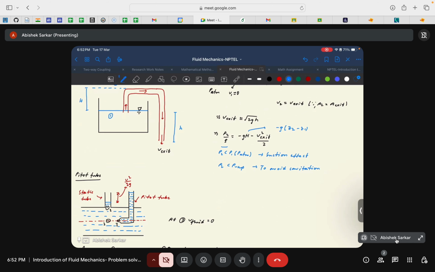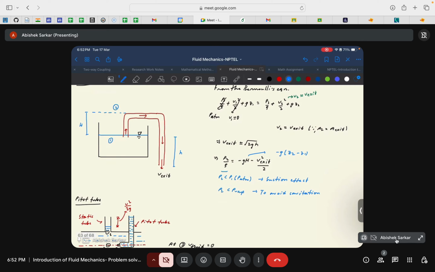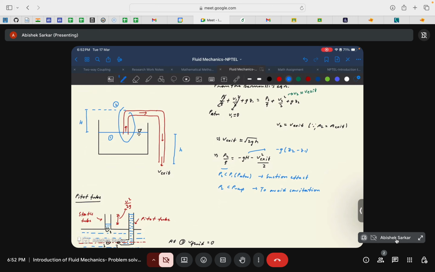Along with the viscosity of the fluid, the pipe surface also has some level of friction. Those two effects will tend to slow down the motion of the fluid inside this pipe. That will reduce the velocity and eventually stop the fluid from coming out of the pipe. It basically opposes the suction effect.